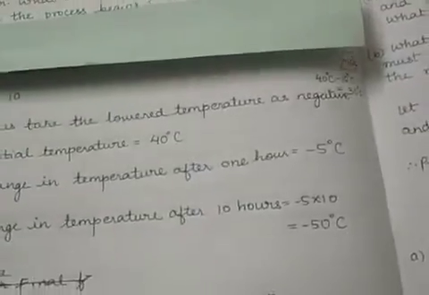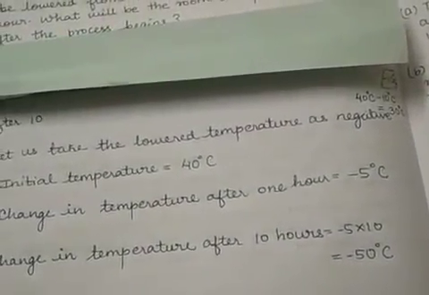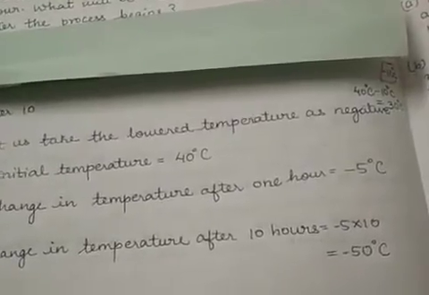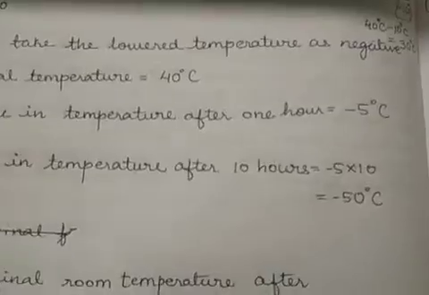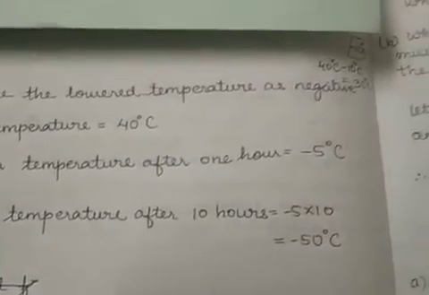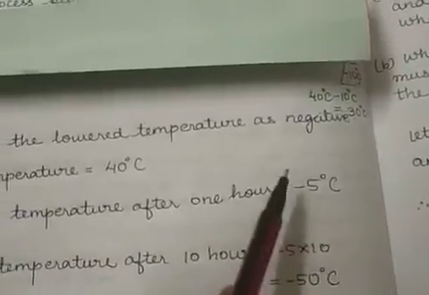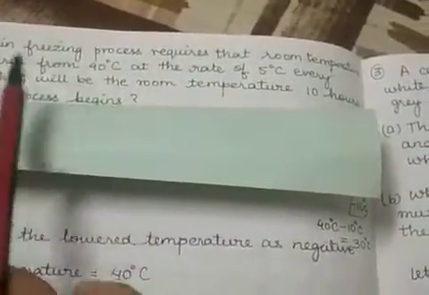Okay. Now whenever you have a question like this, if something is increasing or going up, above or rising, you have to take it as a positive integer. But if there is something that is decreasing, coming down or lowering, then you have to take that thing as a negative integer. Now it is said that the temperature is lowered.